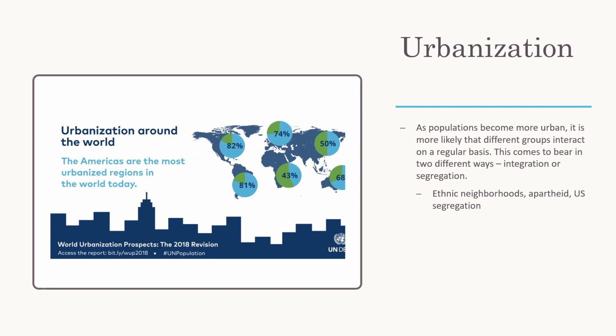When we see segregation, we oftentimes see ethnic neighborhoods. We saw it in apartheid in South Africa. We saw it in US segregation policies in Jim Crow. But we can also see it in the integration form, where you have neighbors from different religious backgrounds or different sexual preferences, and people are more accepting generally in more urban locations.